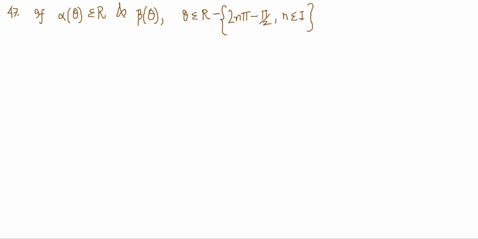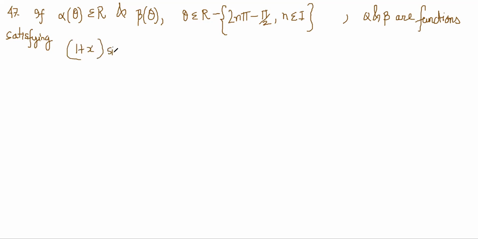Then alpha and beta are functions satisfying some equations: 1 plus x into sine square theta, minus 1 plus x square into sine theta, plus x minus x square is equal to 0. Then which of the following are correct?